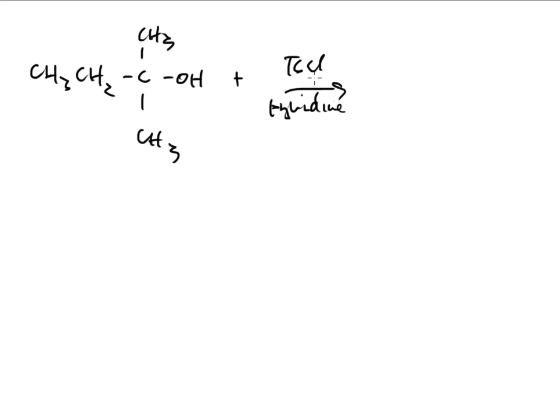Well, the same thing's going to happen here. Just bear with me for a minute. What we talked about before is, okay, I've got this group, CH3, CH2, carbon, CH3, CH3, and this OH.